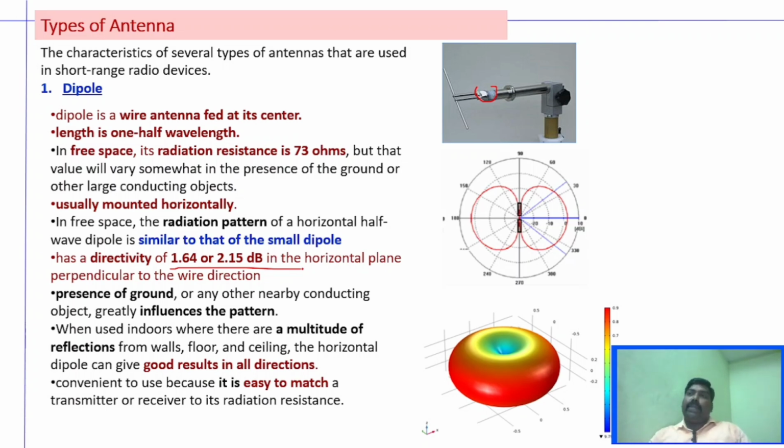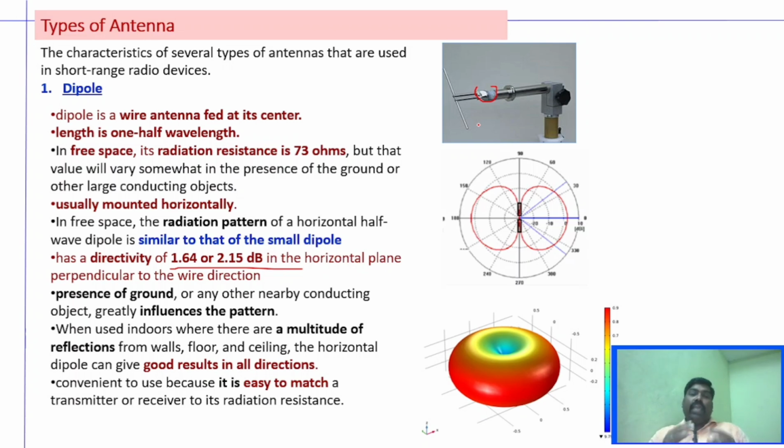As I said, the presence of ground or the objects present in the surrounding environment can influence the radiation pattern. But when used indoors, due to multiple reflections from ceilings, fan, floor, it will make this antenna work very perfectly. That is, it will have good results in all directions because it is used indoors, because of the multimode reflections which are coming from walls, floors, ceilings, all those things.